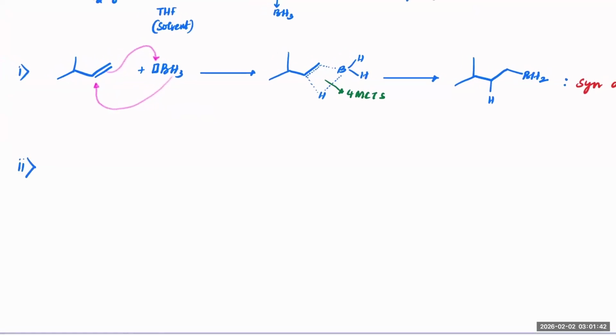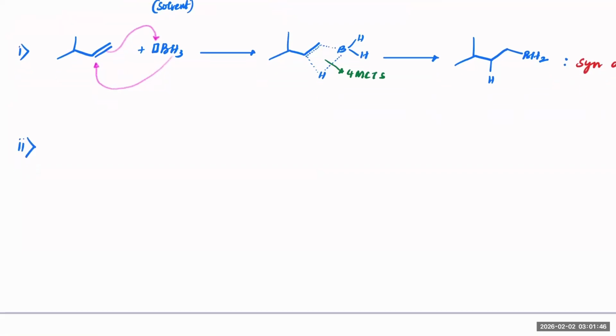Second, what we didn't realize here is that the boron which you have added here, so we got this as BH2, has again become an empty orbital to which the second mole of pi bond will try to feed onto it. It will attack, hydrogen will attack back.